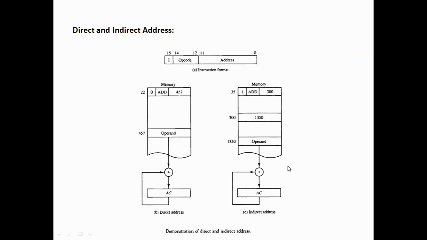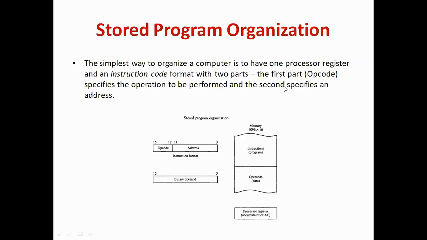And since we just saw that this 16-bit address consists of opcode and address, we must remember that this address may be of two types.